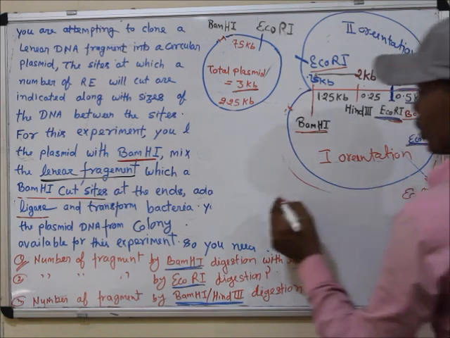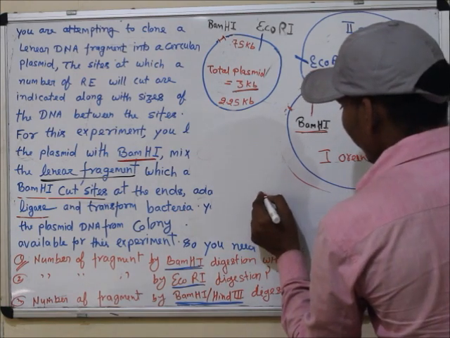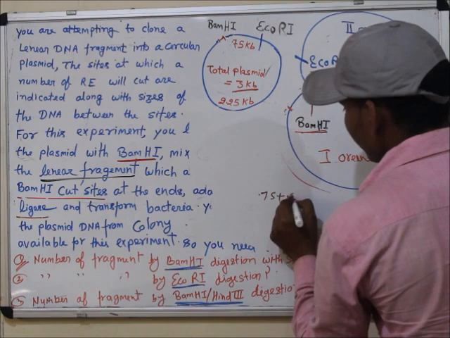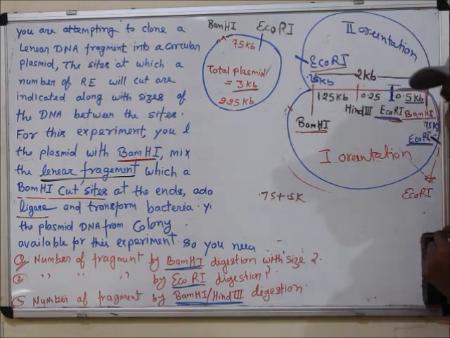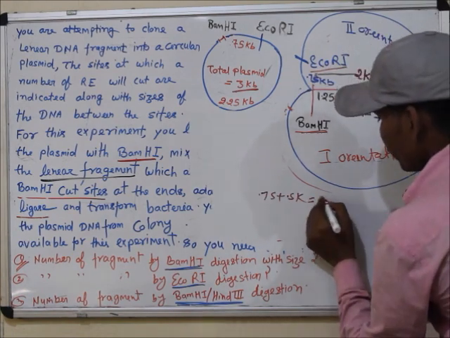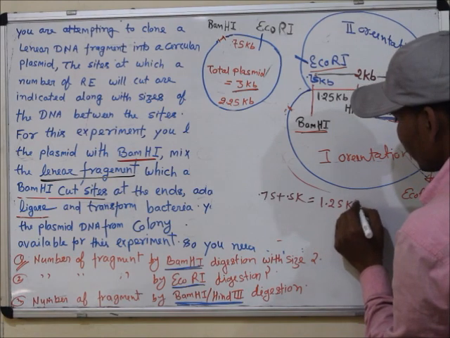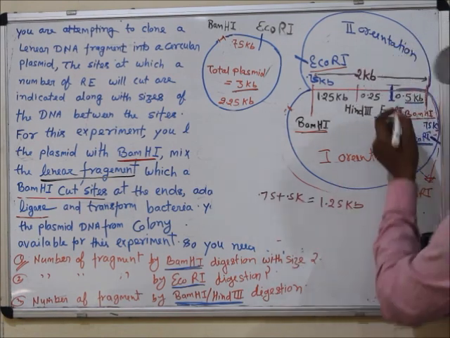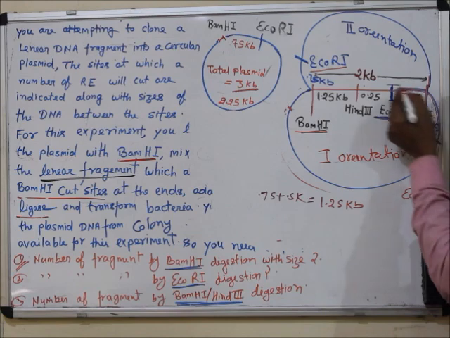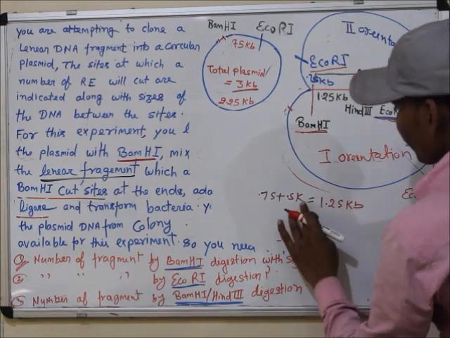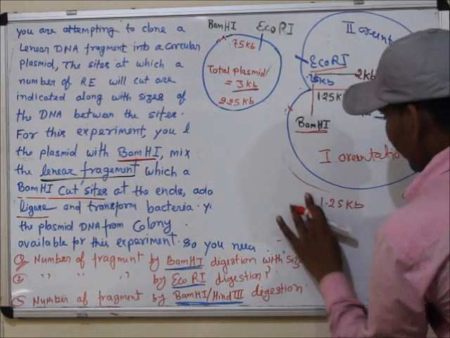So there would be 0.75 plus 0.5 kb. What happens? 1.25 kb length. The total length would be 1.25 kb.